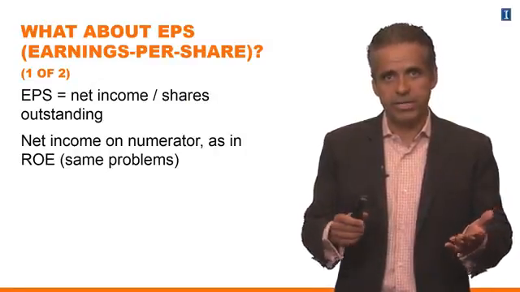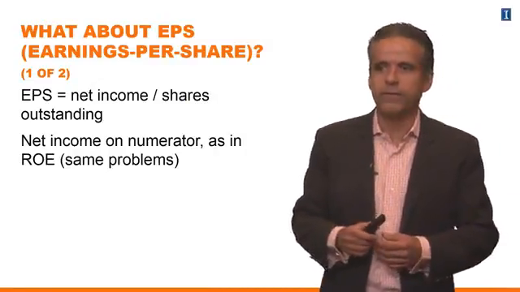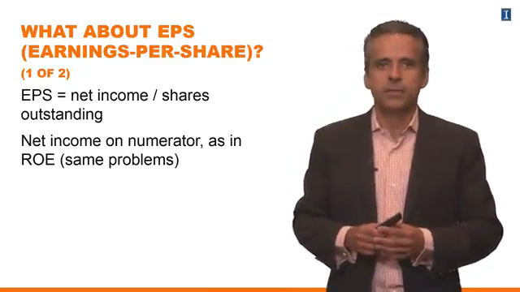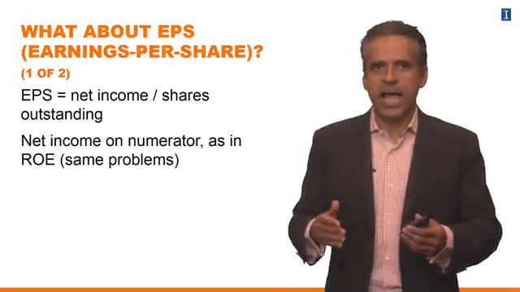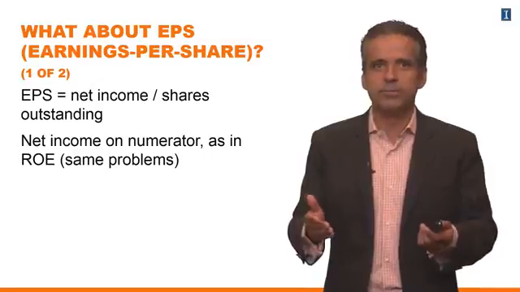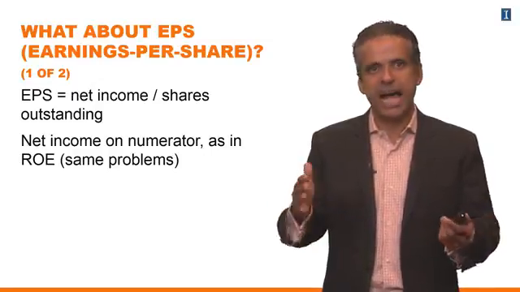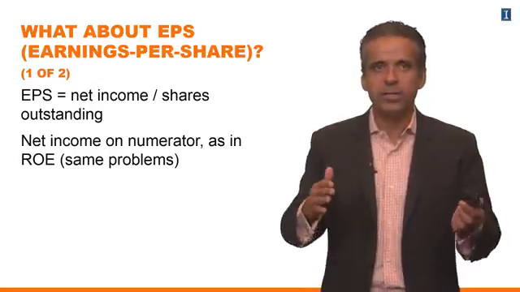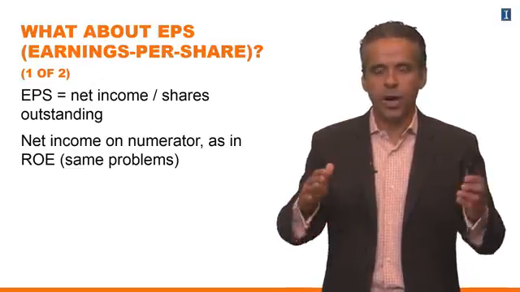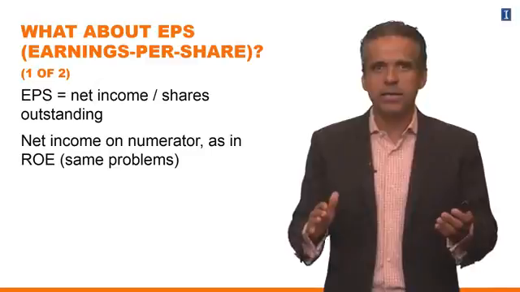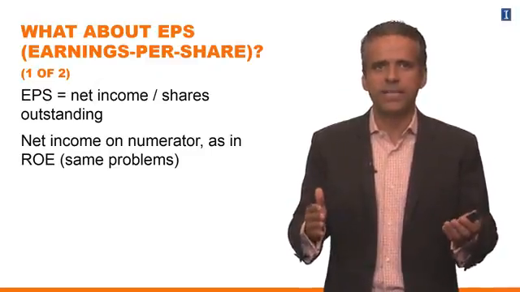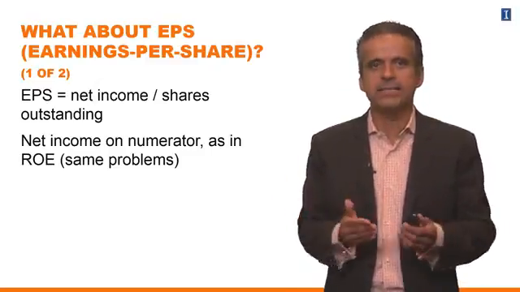We discussed already some of the problems with net income. So, of course, you're going to have some of the same problems as ROE because you're basing your profitability on net income, which is after interest, so it does not compute profits for the company as a whole. It is subject to manipulation and all that. It's affected by one-time items.